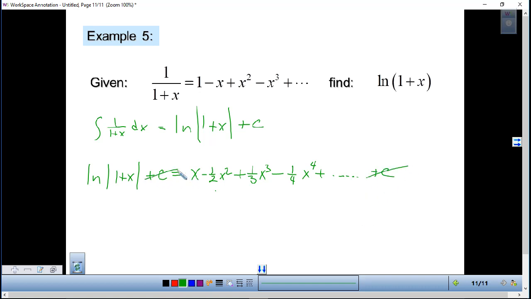So there, your plus c's go away. If you move this plus c over there, you're subtracting plus c, and they cancel out, because those are exactly the same plus c's. So that's where your plus c goes.